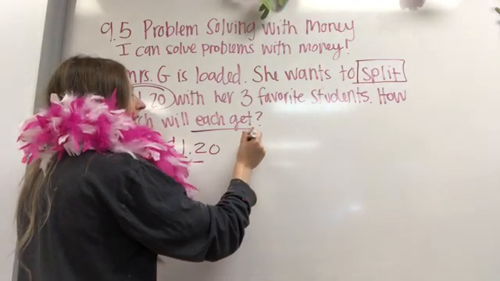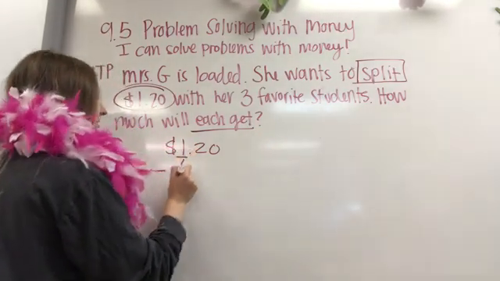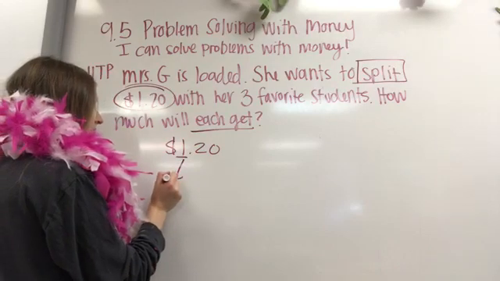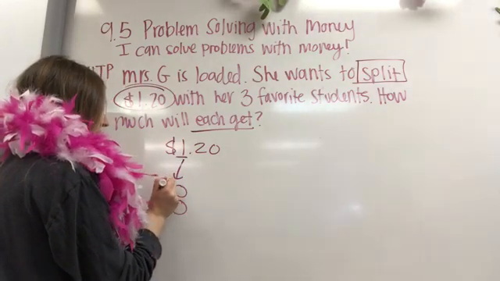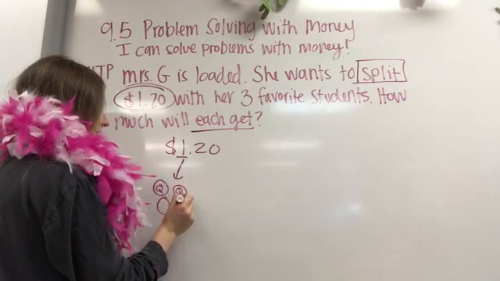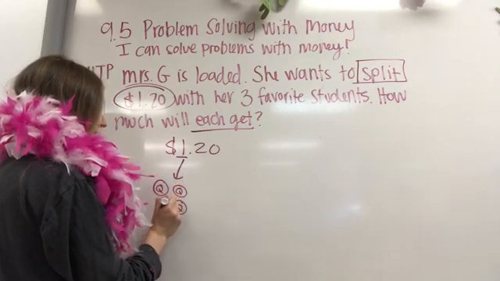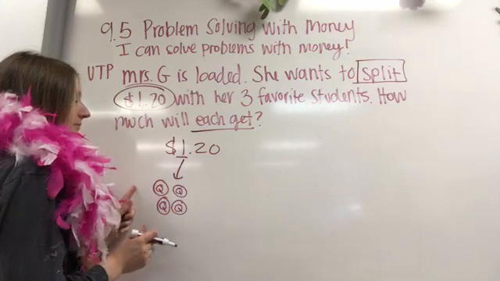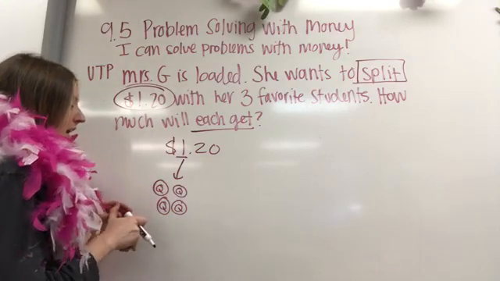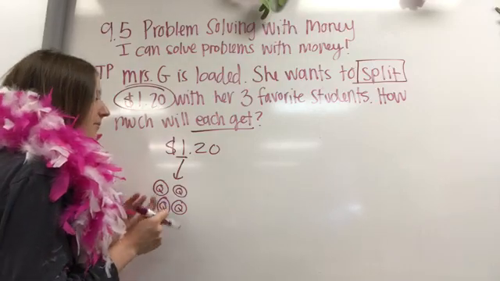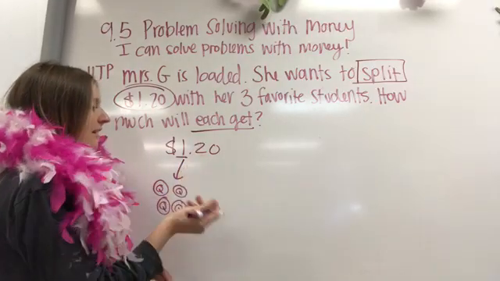So we're going to take this $1 and split it up into 4 quarters. So 1 quarter, 2 quarters, 3 quarters, 4 quarters. I'm going to put a Q in here so you know they're quarters. Or I could put a 25, okay? So that would be a good way to split up our $1.